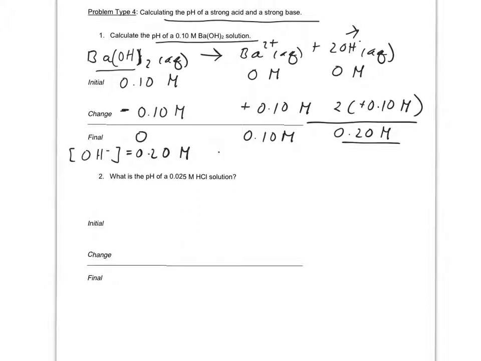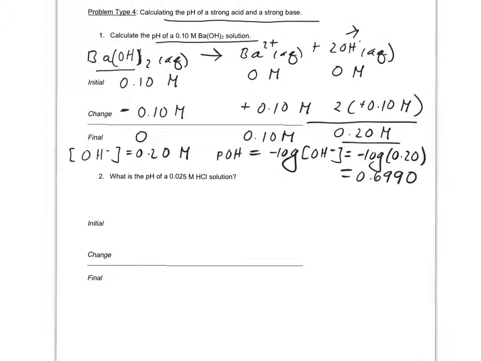We know that pOH is negative log of your hydroxide concentration, which in this case is negative log of 0.20. That ends up being 0.6990 if you plug it into your calculator. So pOH is 0.6990, and we know that pH is going to be 14 minus 0.6990. That gives us a pH of 13.30, which is what we should expect for something that is a strong base.